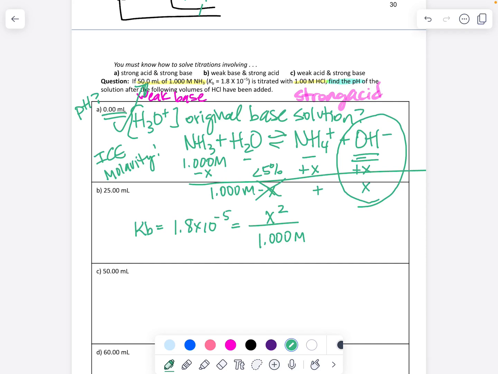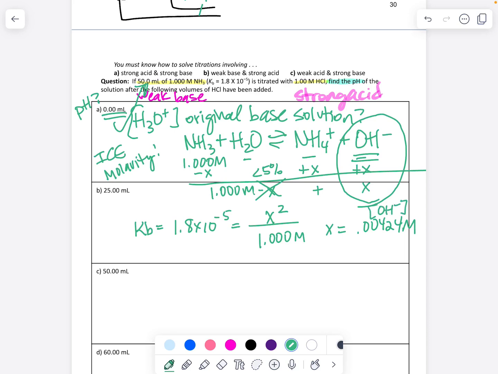So when I calculate this, I get 1 times 1.8 times 10 to the negative fifth. And then I'm going to take the square root of that, and I get X is equal to 0.00424 molar OH minus.